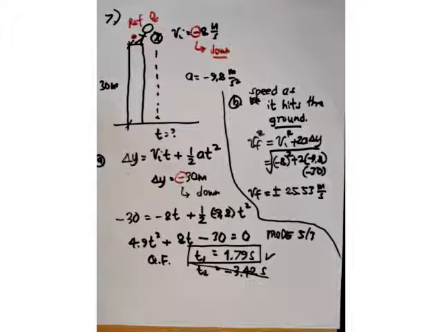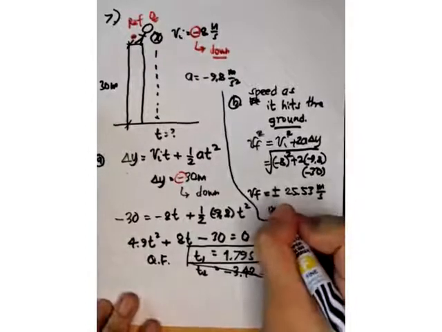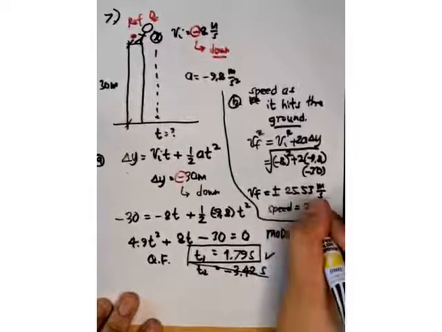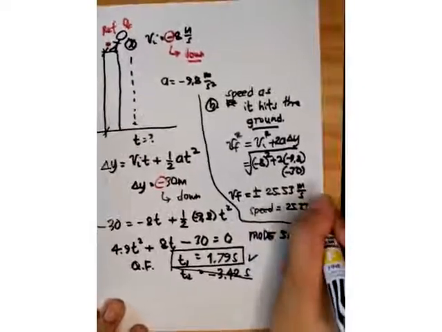Kasi pababa. Okay, actually tama kayo, kung velocity ang pag-uusapan. Ano ba yung tinatanong ko? Speed. Anong relation ng speed sa velocity? Di ba ang speed ay yung magnitude lang ng velocity. So therefore, since speed ang tinatanong ko, speed is 25.33 meters per second.